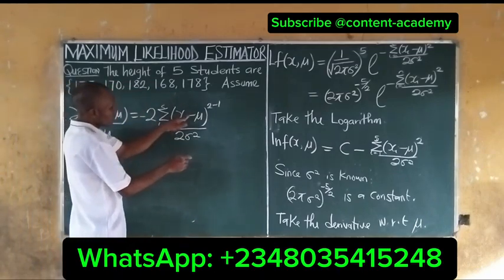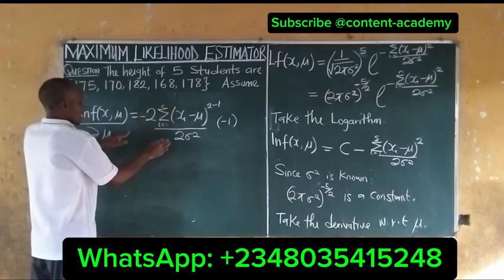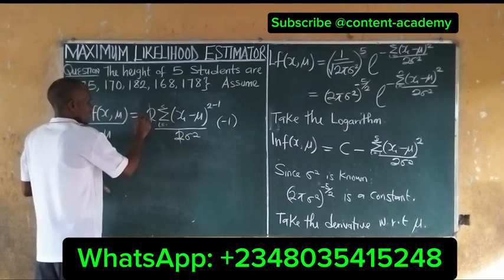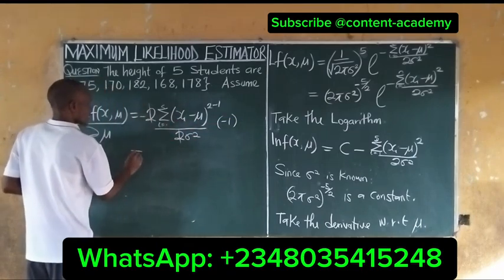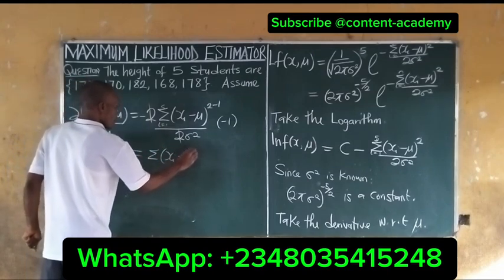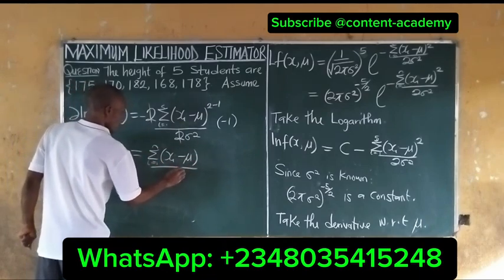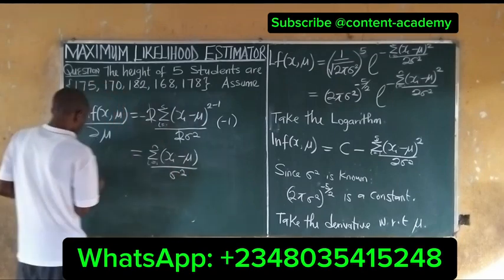Now, because of this mean we have here, we say times negative 1. So this negative sign will cancel the negative sign. So we can write this as summation of (xi minus mean), i running from 1 to n, all over sigma squared, equated to 0.